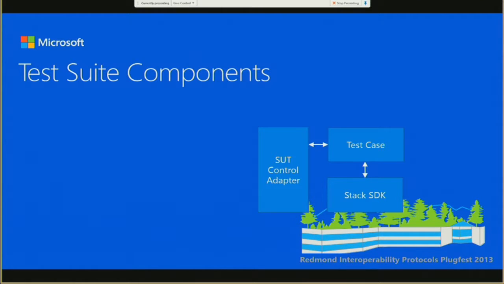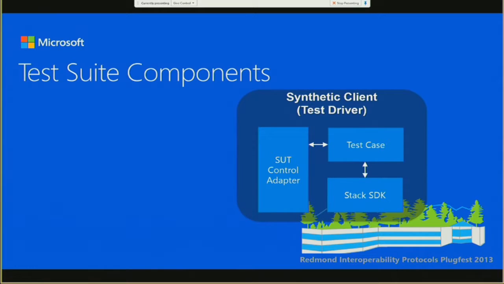The library is designed to encapsulate messages and send them on the wire. We also have another part, the SUT control adapter. The SUT control adapter is used to query the SUT state or set the SUT state, such as creating a folder on the SUT so that our test kit can run against that folder.